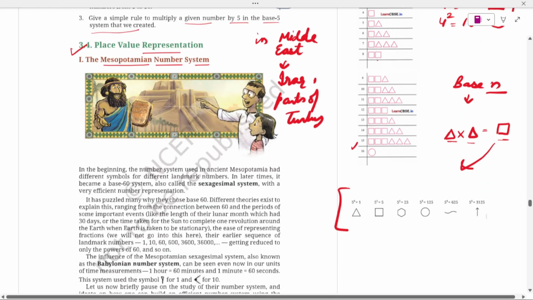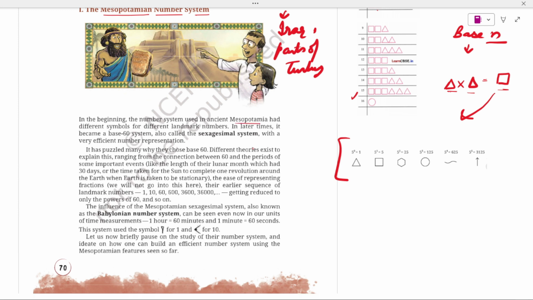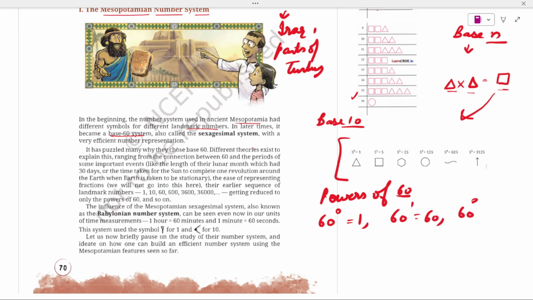Study it today. In the beginning, the number system used in ancient Mesopotamia had different symbols for different landmark numbers. Then they introduced the base 60 system. See, we have done up to base 10, right? So base 60 means powers of 60, like 60 raised to 0 is 1, 60 raised to 1 is 60, 60 squared will be 3600.